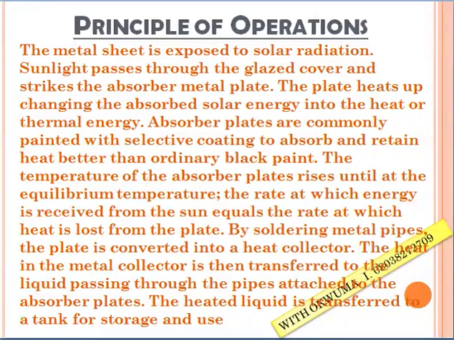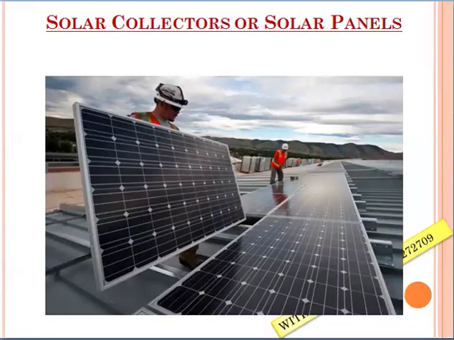So we have seen that in our diagram. The heated liquid will now be transferred to a tank for storage, which you can use in your laundry, in a big laundry industry, in a big cafeteria or restaurant, in a big family house.